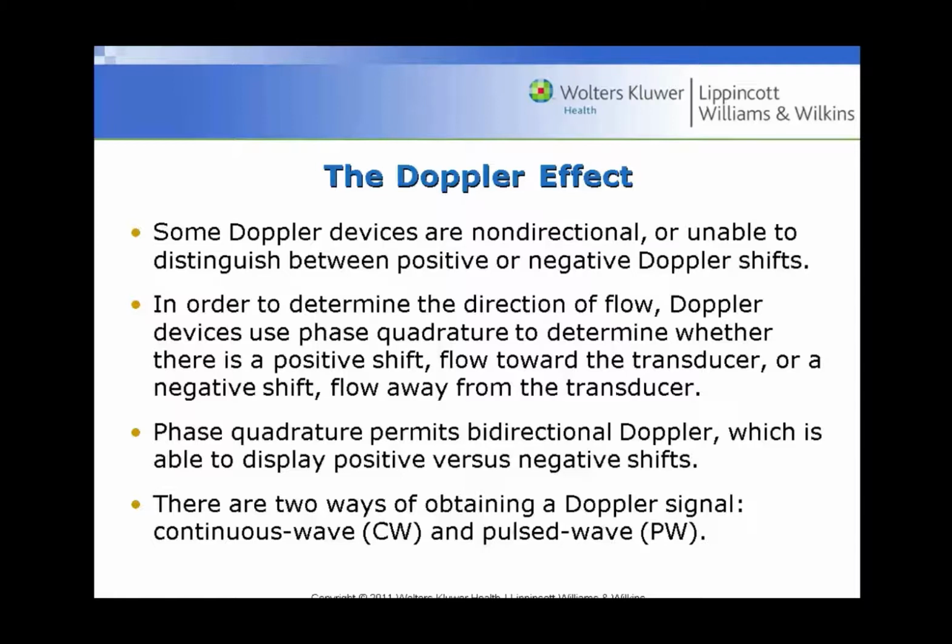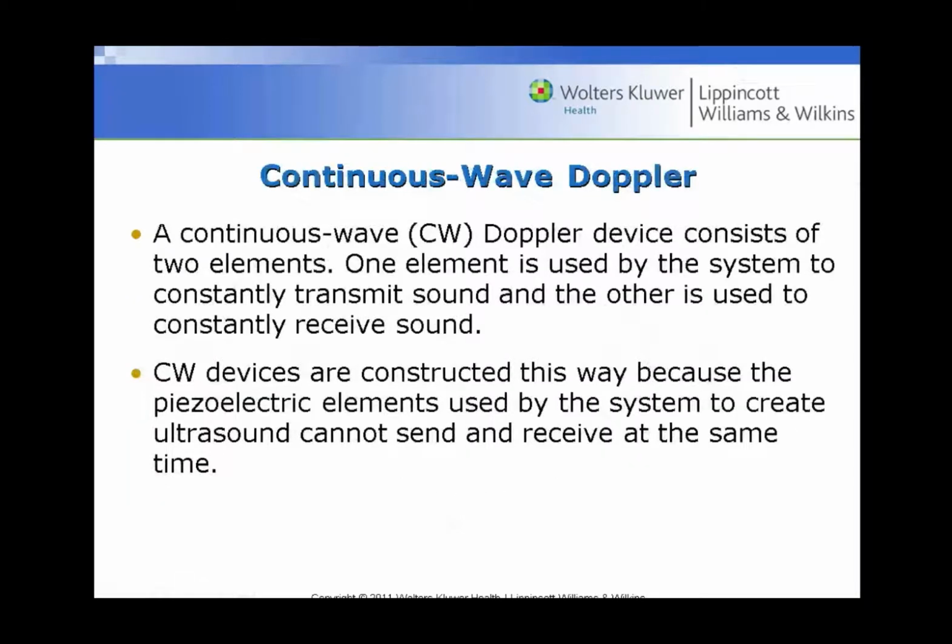There are two ways of obtaining a Doppler signal. One is continuous wave and the other is pulsed wave. We will be talking about pulsed wave here in a few minutes. But continuous wave Doppler devices have two elements.